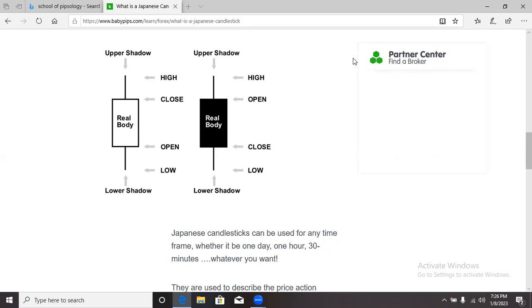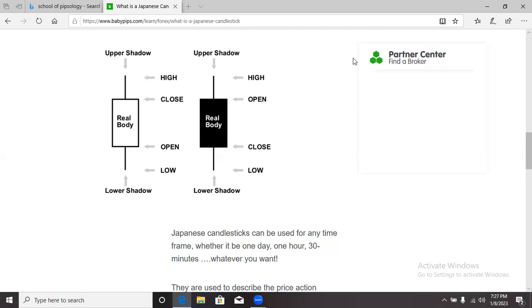So guys, today I'm starting a price action series, and I'm starting with Japanese candlesticks. Those lines you see on your chart are called Japanese candlesticks. We basically have different types of charts.